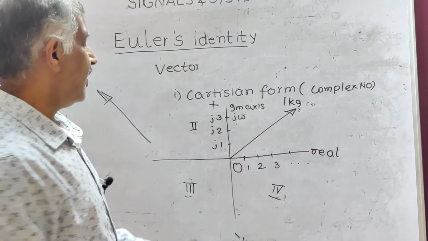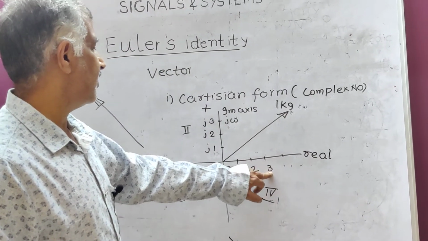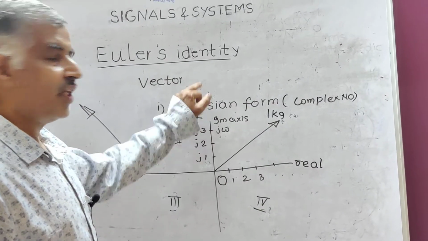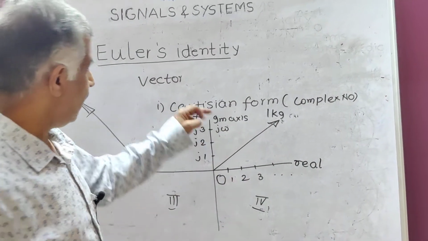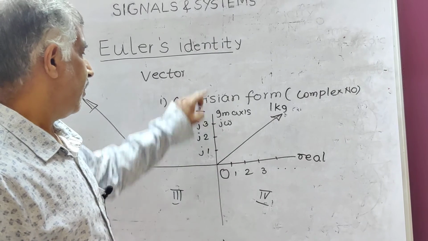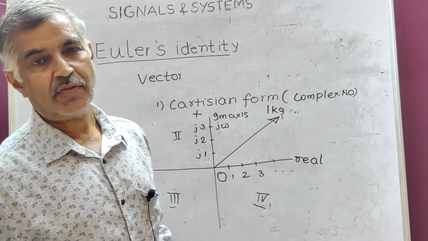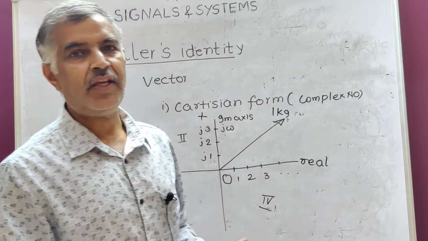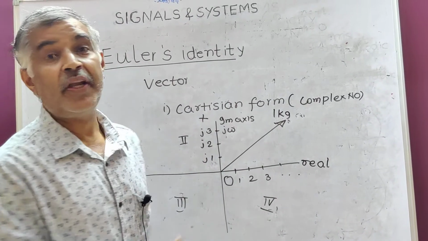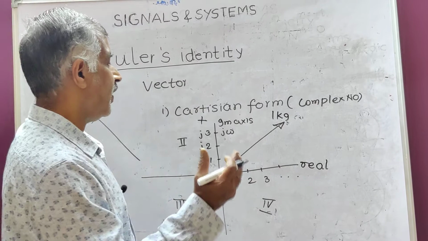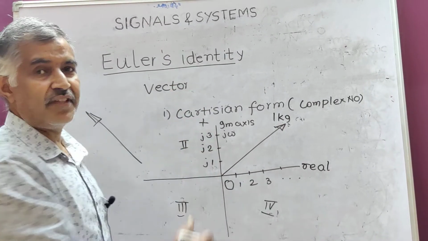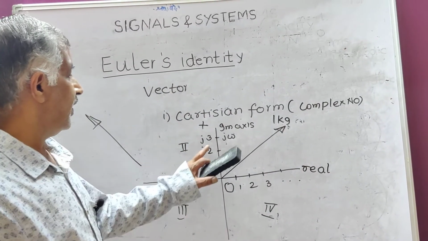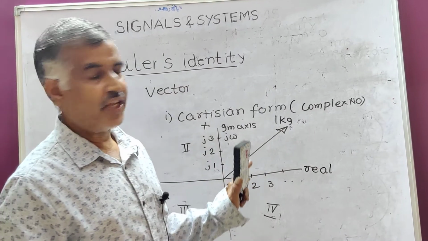That means 3 on this axis must be differentiated from 3 on this axis. That is why numbers on this vertical line bear what is known as j. The physical meaning of j is that it is perpendicular. It is on the perpendicular axis. So that is why here we attach a j sign.